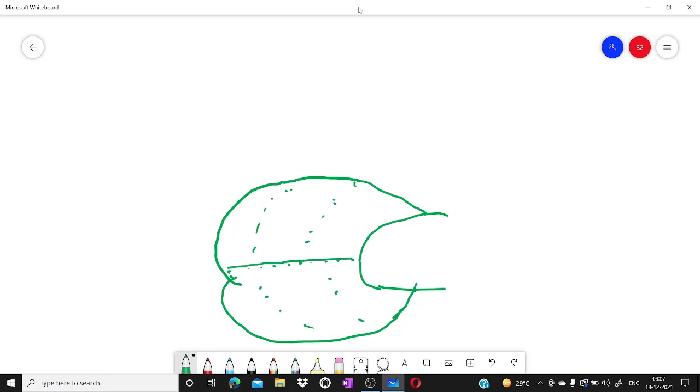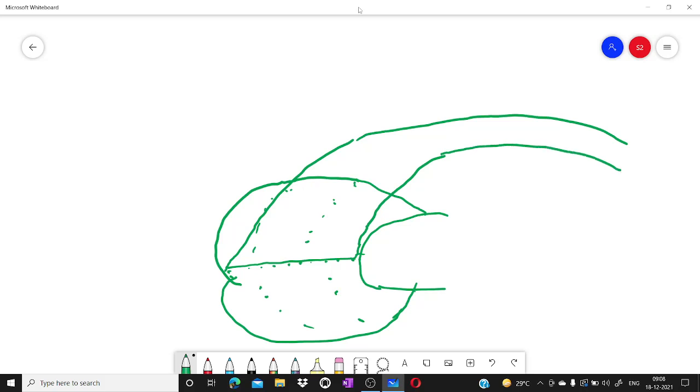Now the falx cerebri is attached to the superior surface of the tentorium cerebelli in the median plane. And the anterior end is quite narrow.